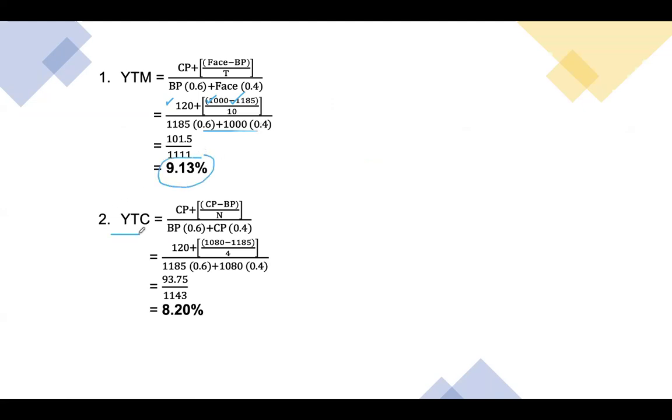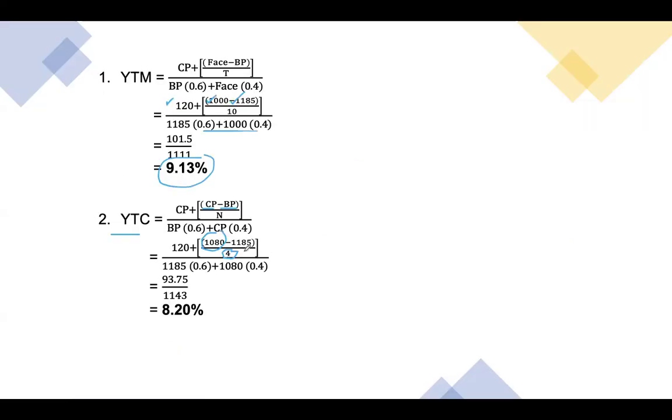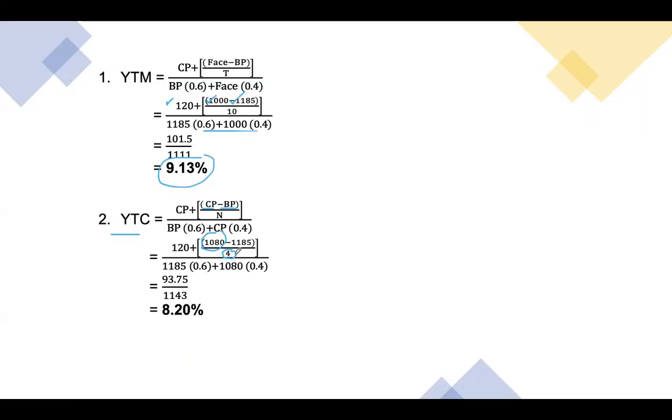The yield to call is call price minus bond price. So the call price is 1,080. Instead of face value, it will now be the call price minus 1,185, which is the bond price, all over 4, the period when the bond may be exercised or called. The call provision is exercised in year 4, so divide this by year 4. Sir, what if in year 6? Then divide this by year 6.